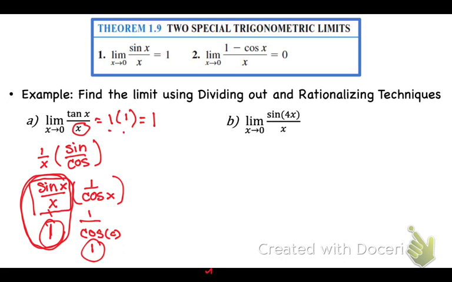So 1 times 1, because our rules yesterday said if you have one limit times another limit, you can just multiply the answers.